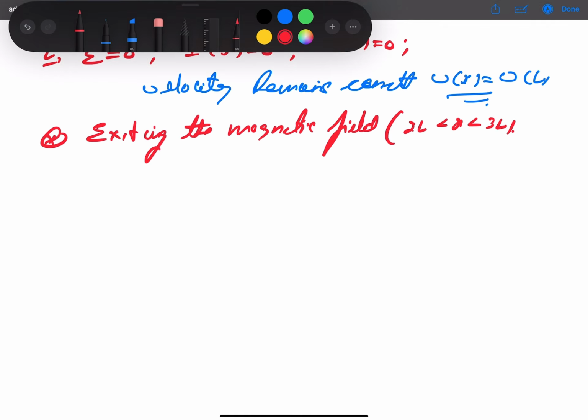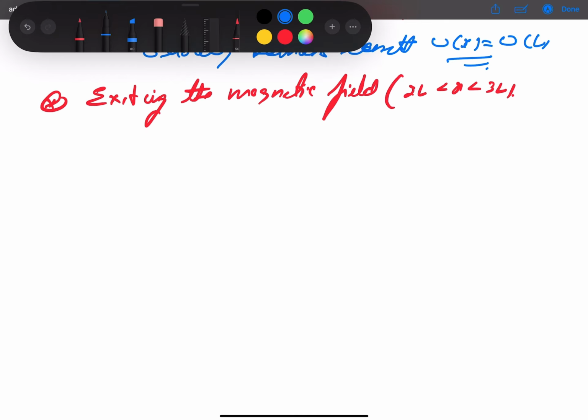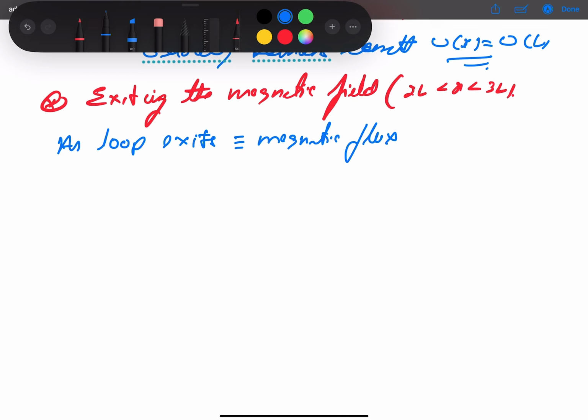So now once again there will be induced EMF, and as the loop exits, the magnetic flux is going to decrease.